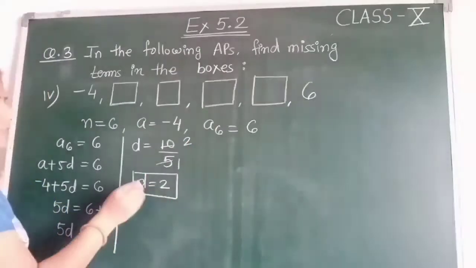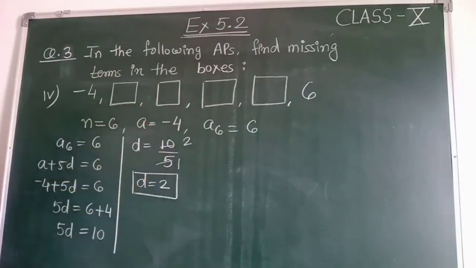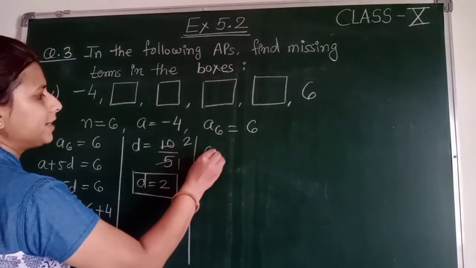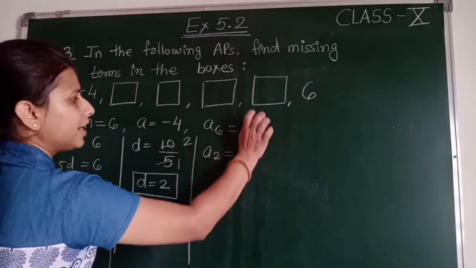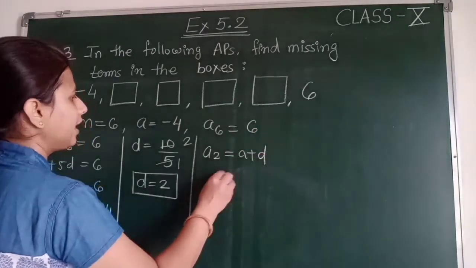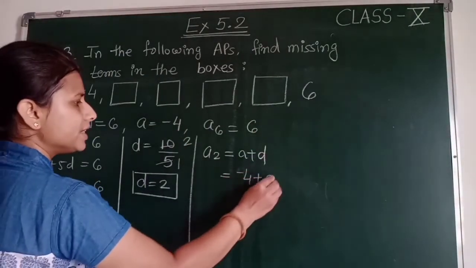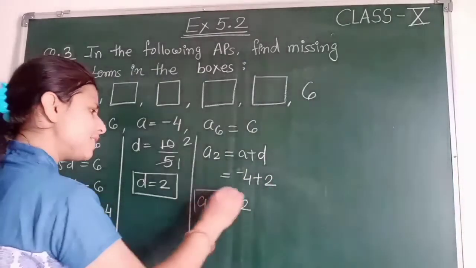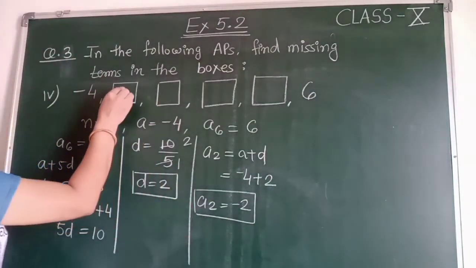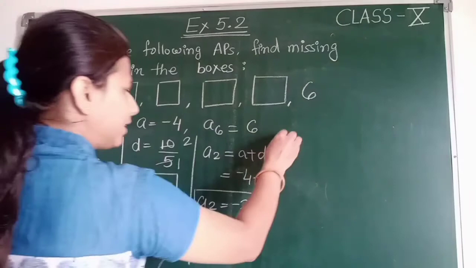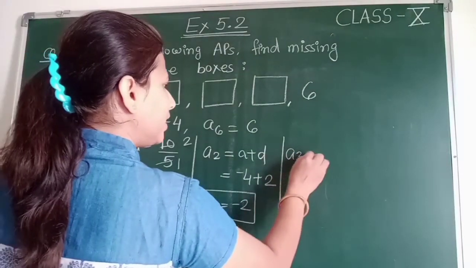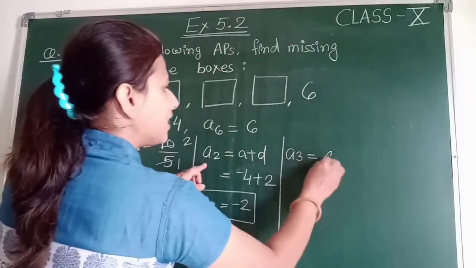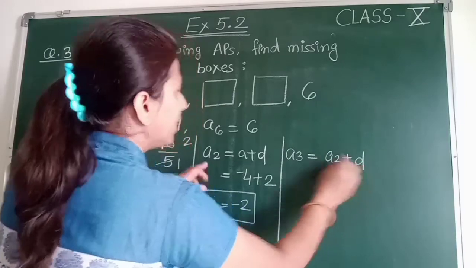Now with the help of this value, we can easily find the second, third, fourth and fifth terms. First we will find the second term, A2. A2 equals A plus D. A is -4, D is 2. Plus minus, minus, and what will we get? We will get the second term as -2. Okay student? Then the third term, A3. Directly, if you add this D into the second term, you will get the third term.